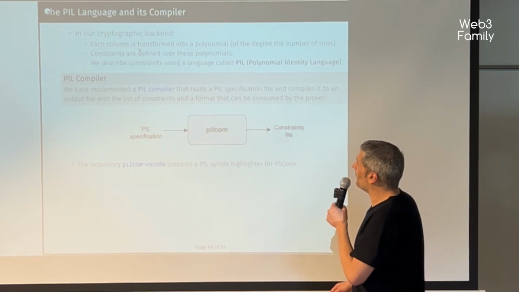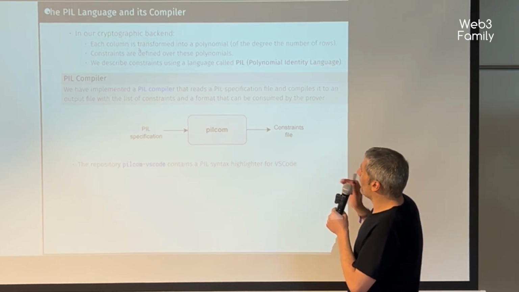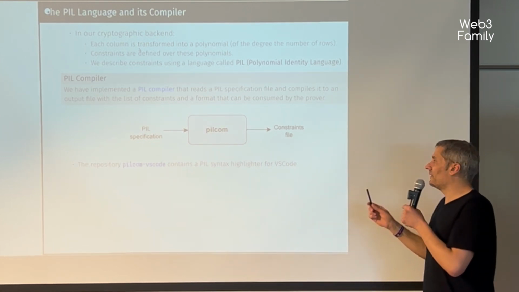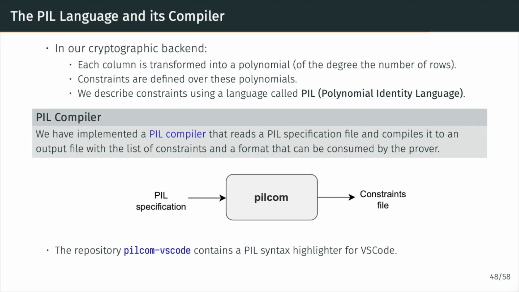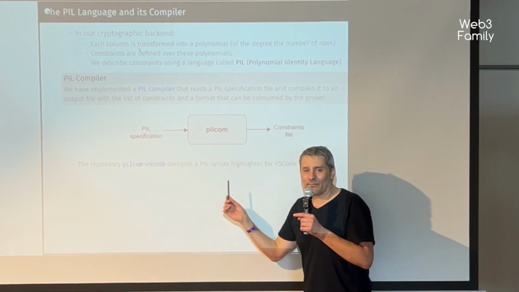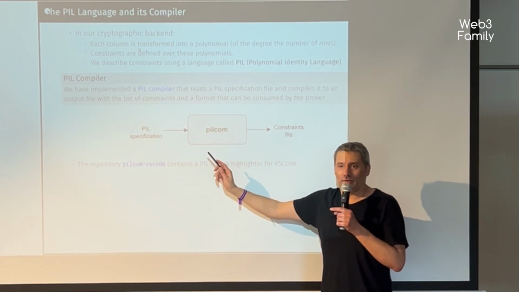For the prover, we create constraints on columns that any value in the column should fulfill.